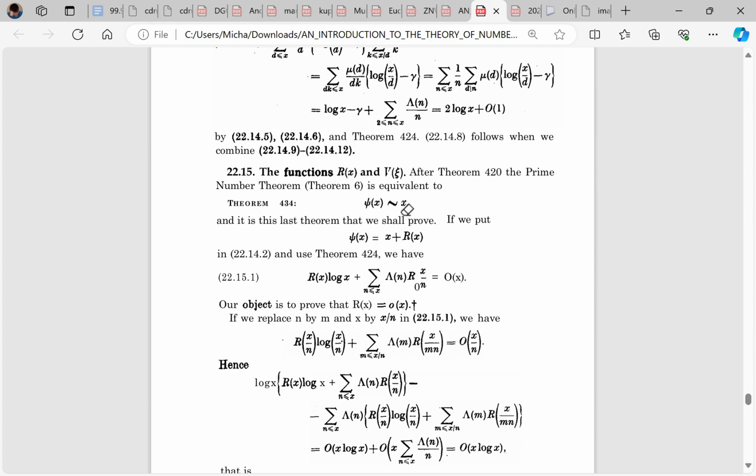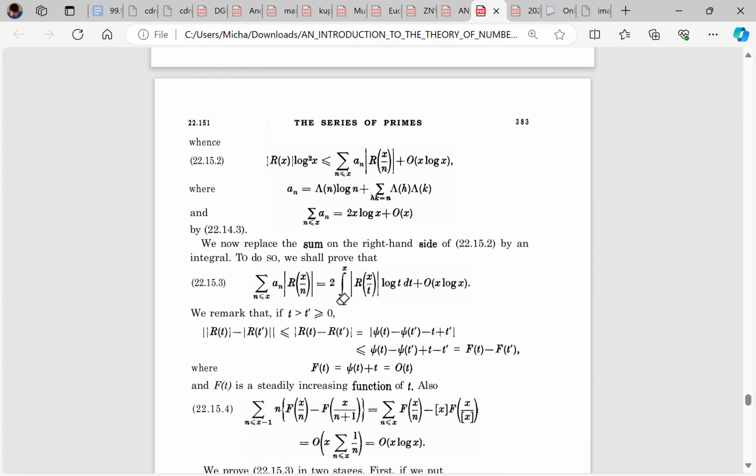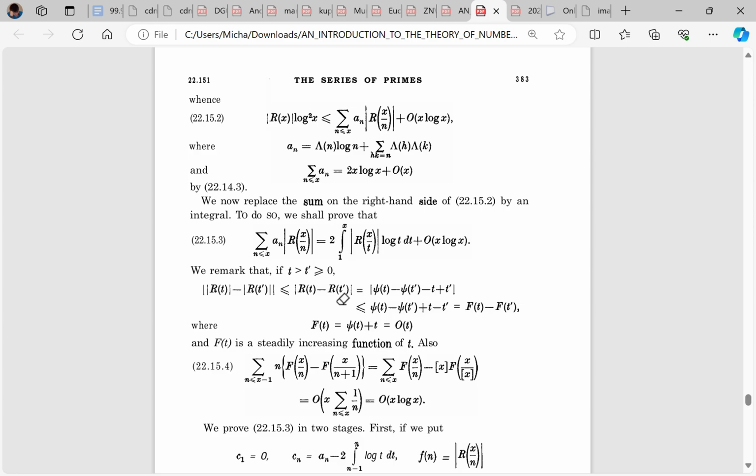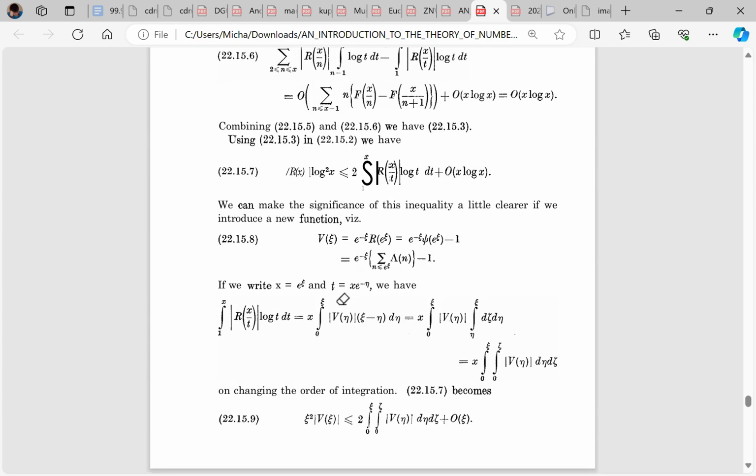So we're trying to show this. And this is x plus r, and r is v times e.